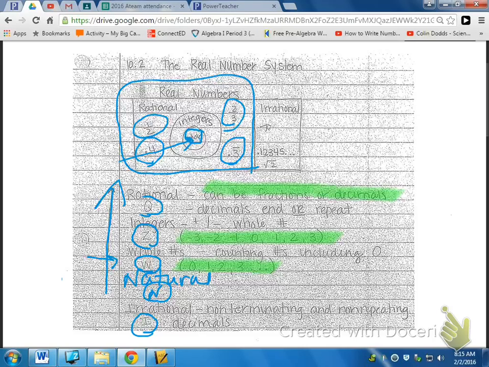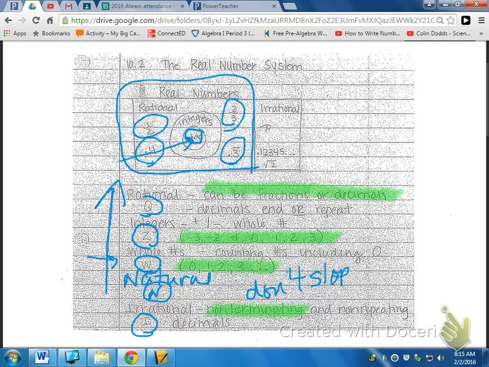Okay, let's talk about irrational for a little bit, because that's more new to us. Irrational, the big thing is they're definitely decimals. They are non-terminating. That means that they don't stop.